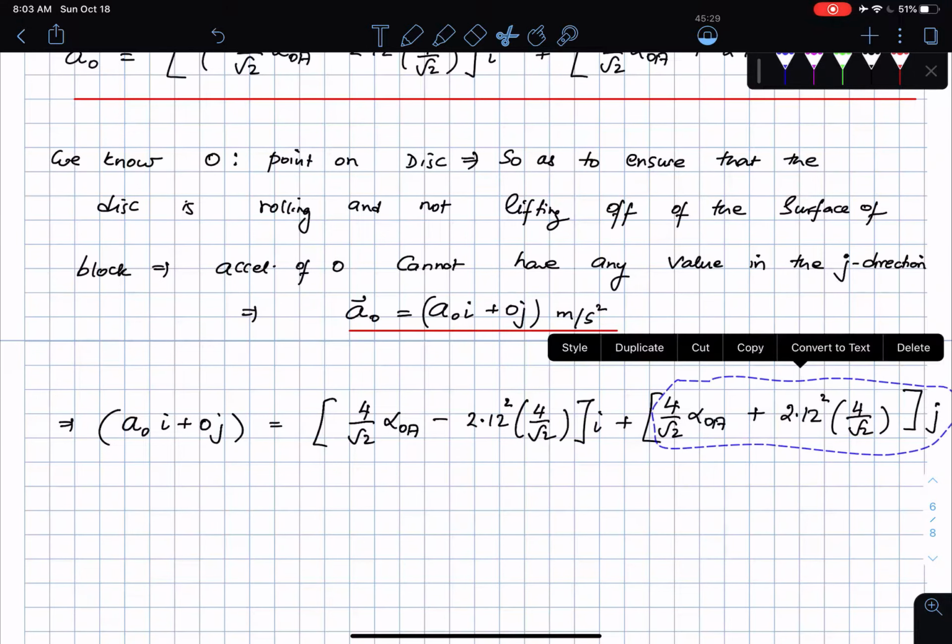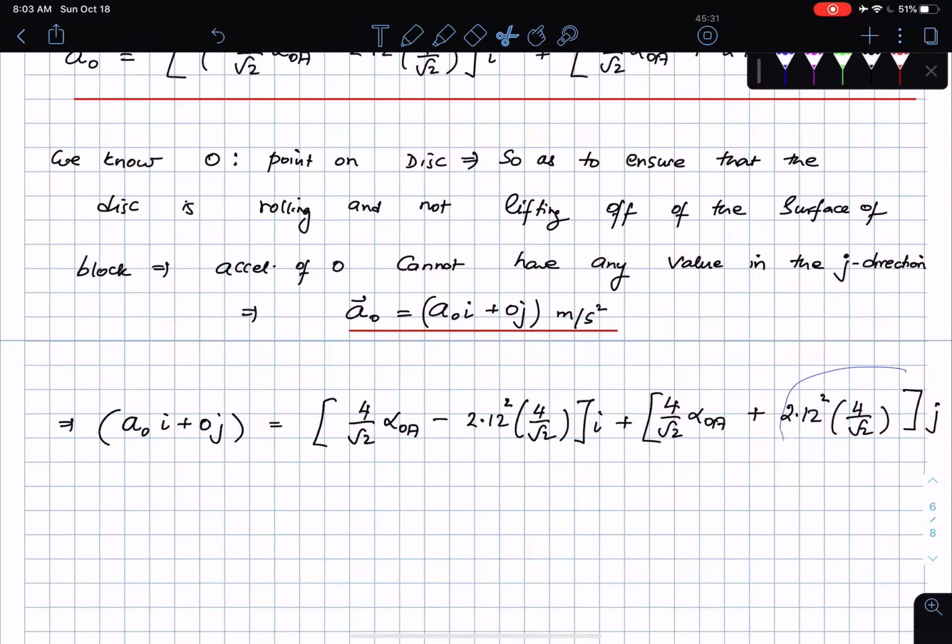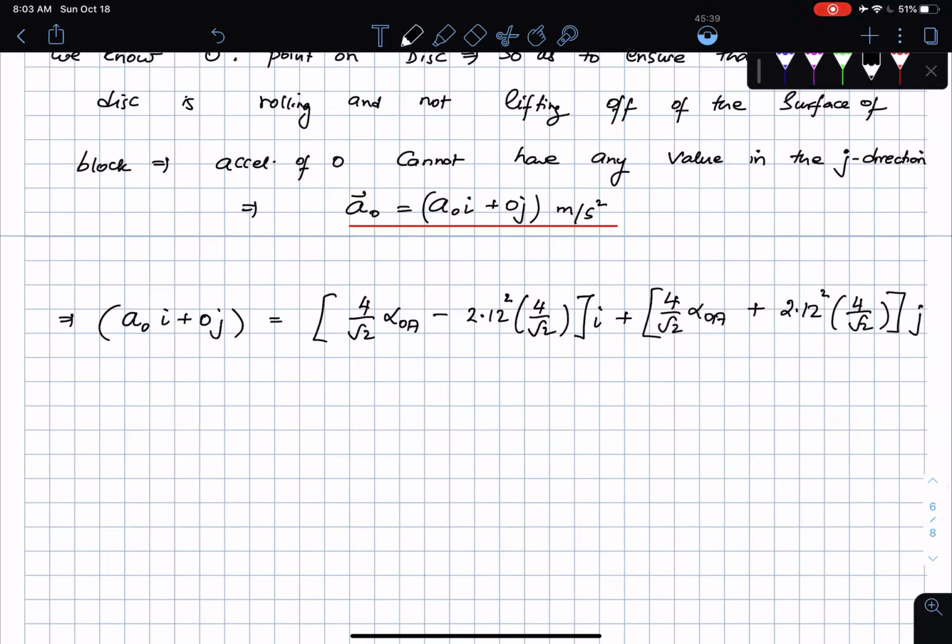That's stuff in the j direction, as you can see. I'm going to scoot that down here. And obviously I can equate things in the I and the j direction. So if I equate things in the I direction, then a naught on this side is going to be 4 by root 2 times alpha OA minus 2.12 square.